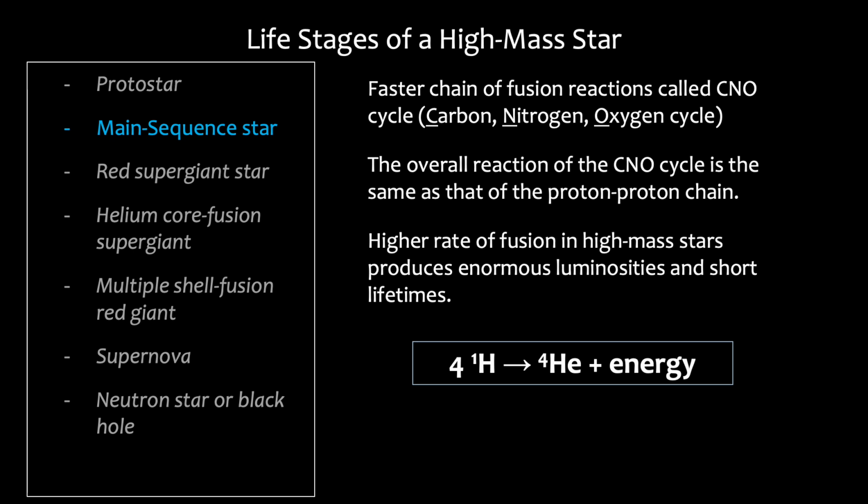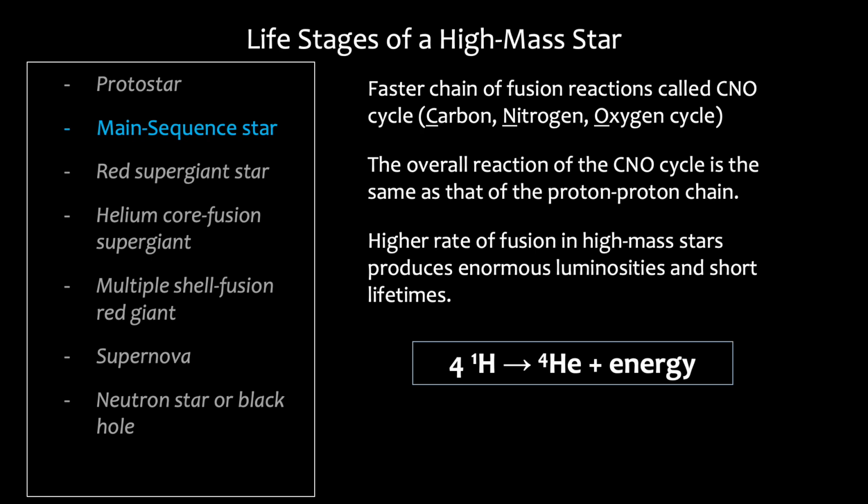The CNO cycle nuclear burning process is a much faster process, thus making the high mass star burn through hydrogen much more quickly. But at the bottom line, the CNO cycle is still fusing hydrogen to result in the production of helium.